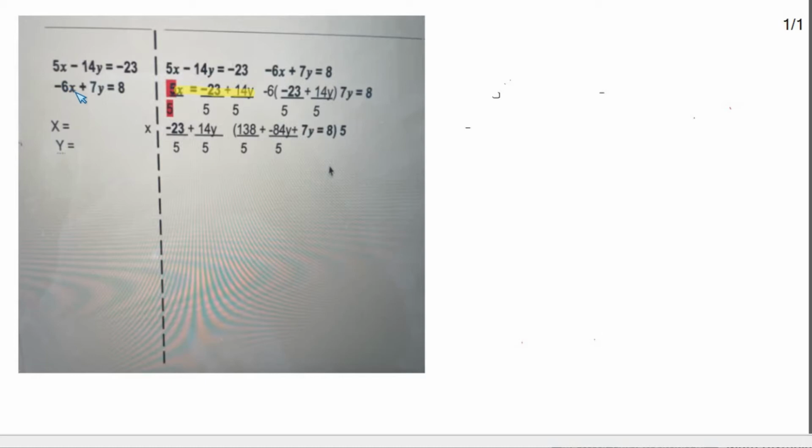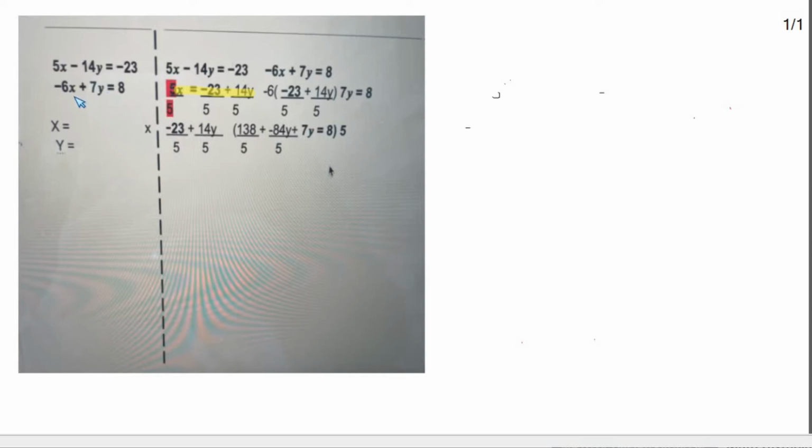But before you can do that, you have to have terms in the original equation that will actually cancel each other out. In this particular one, we do not. So you have to manipulate the system of equations to actually create the scenario that you need in order to solve for your terms. And that's what we're going to do.